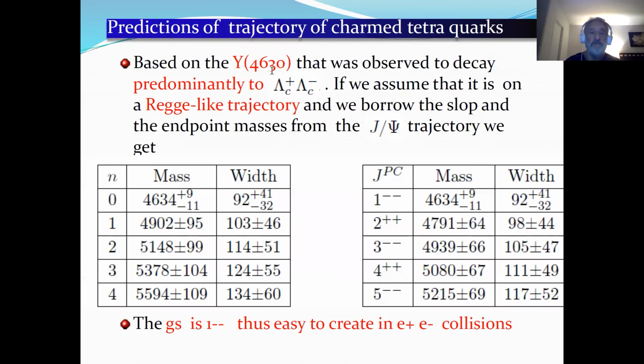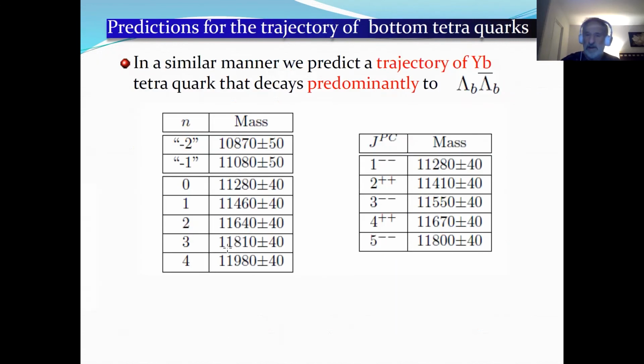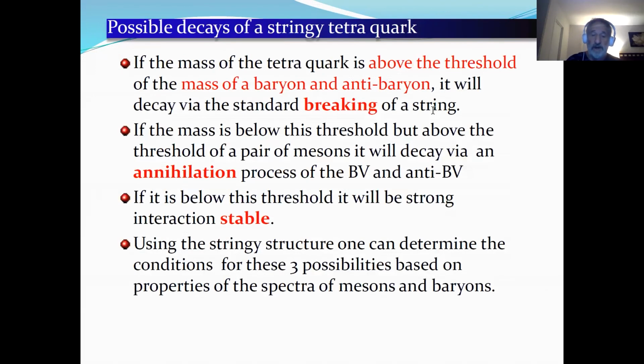There is an example of an object, a resonance called Y4630, which decays predominantly to a baryon and antibaryon, which is a very strong indication, as I'll show you in a second, that it is a genuine tetraquark and not a molecule. We can compute the masses and the widths of its excited states. Similarly, one can do the same with a yet unobserved object, YB, which we predict will decay to Lambda_b Lambda_b bar.